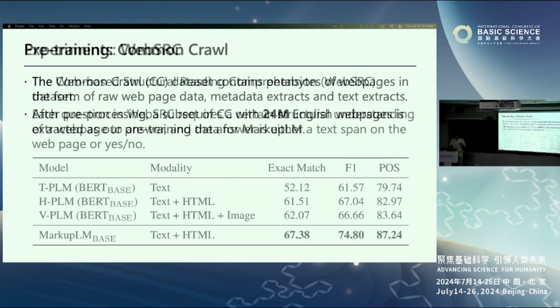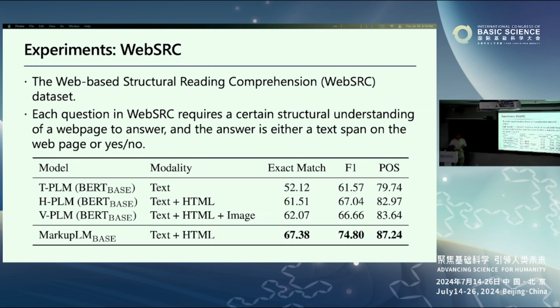After pre-training, we evaluate our model on some web information extraction tasks. So here is one example: web-based structural reading comprehension, which basically answers questions based on a given web page.